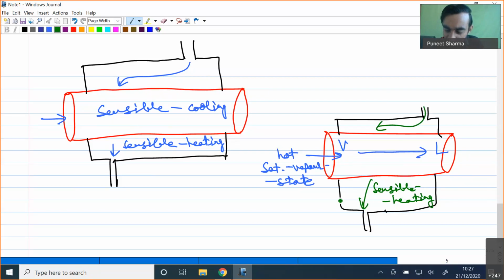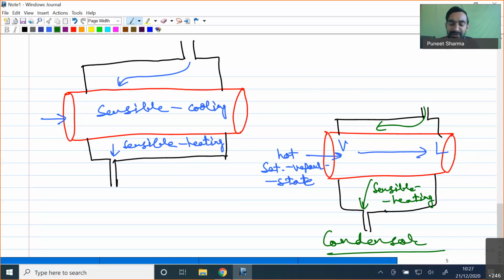Over here, our hot medium will change from the saturated vapor state to the saturated liquid state. So this type of device is called our condenser. A heat exchanger device where saturated vapor changes into liquid state, that particular device we call nothing but our condenser.